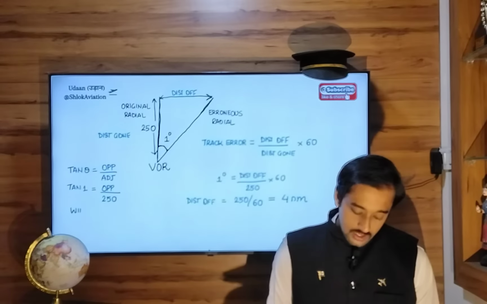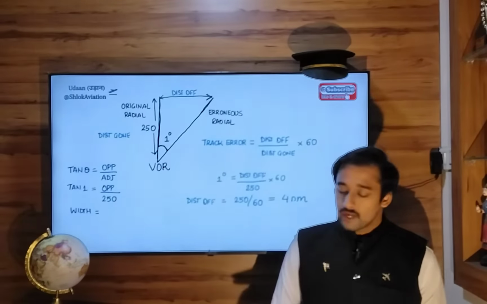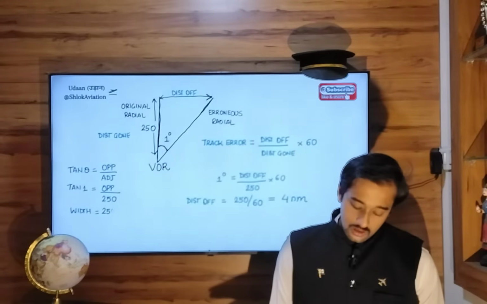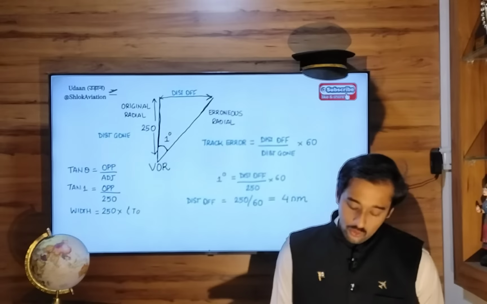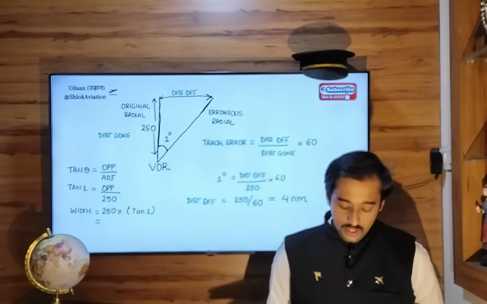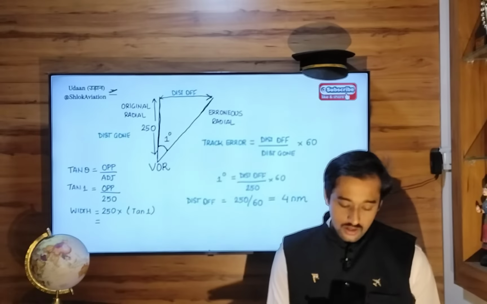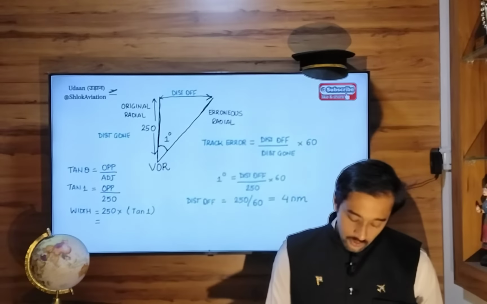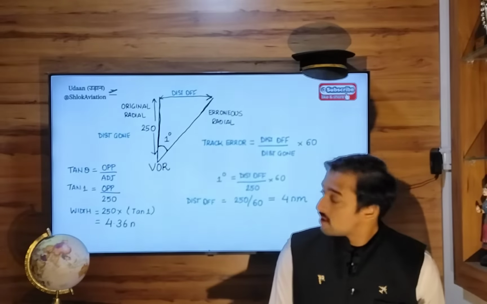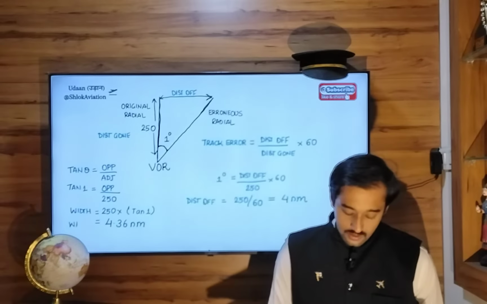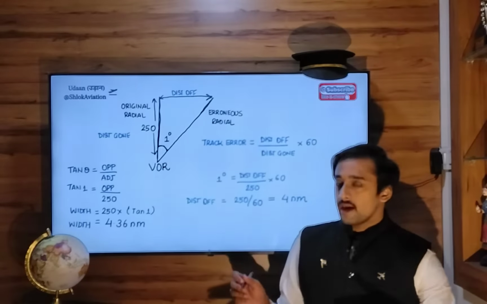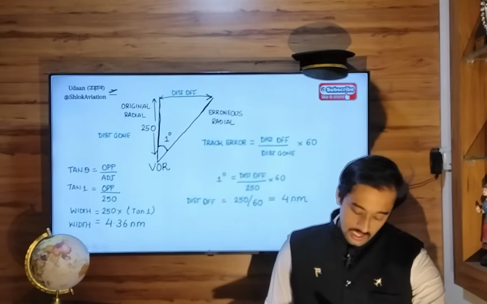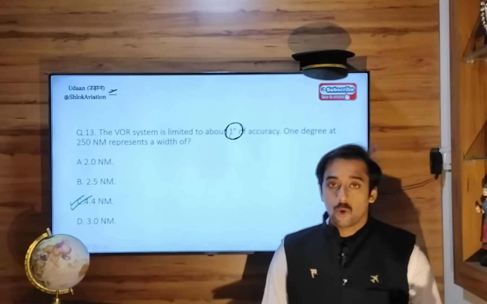So width will be equal to 250 into tan 1. Multiply that by 250 and you get 4.36 nautical miles. So with the 1 in 60 rule, you get 4.1. With tan theta, you get 4.36. So still the closest option is option Charlie, which is 4.4.